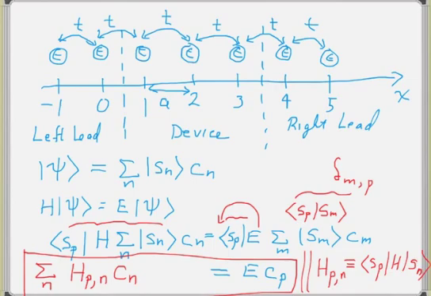Okay, if you remember the form in your tight binding model, this matrix is an infinite tridiagonal matrix. It has the diagonal terms, the epsilons, and the off-diagonal terms, coupling to the nearest neighbor. So if we looked at any row, let's look at row 1 of this eigenvalue equation.